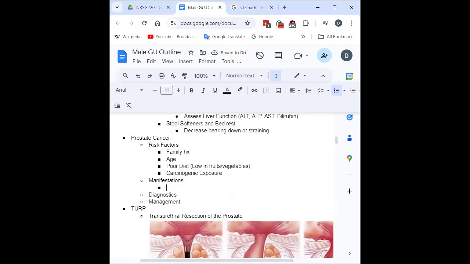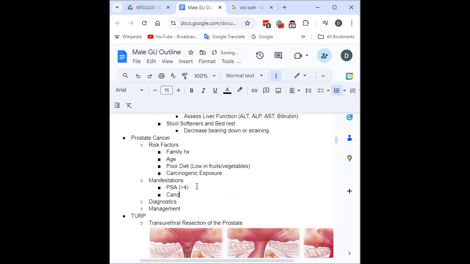So let's talk about some manifestations. We did talk a lot about your PSA, and here I think we went over above 4. Let's see what else you guys mentioned.